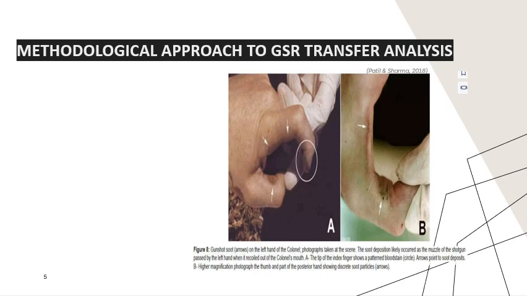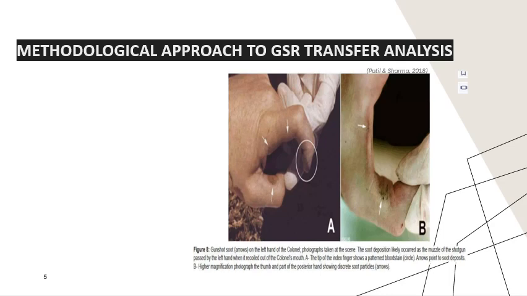The soot deposition likely occurred as the muzzle of the weapon, in this case a shotgun, passed by the left hand when it recoiled out of the weapon when it hit into another object. In this case, it ended up being a person.